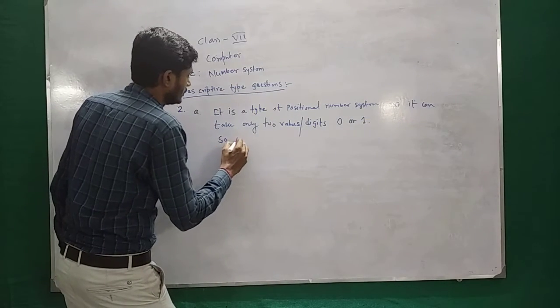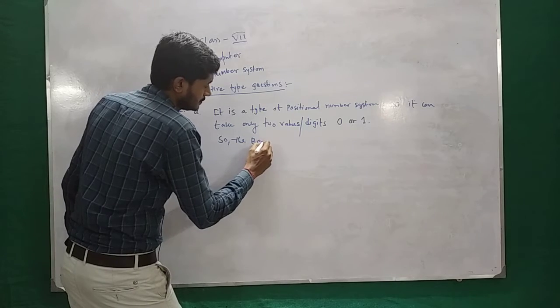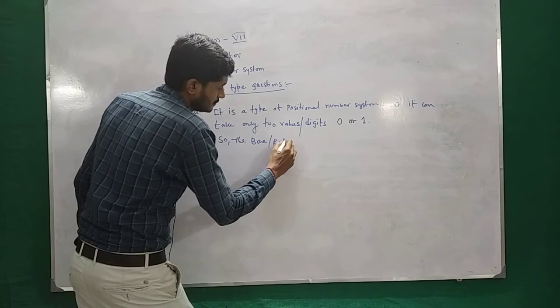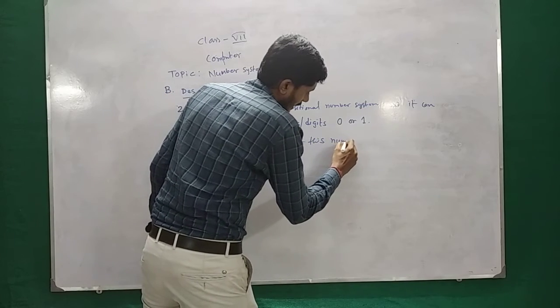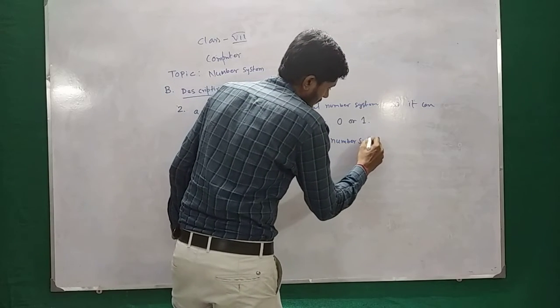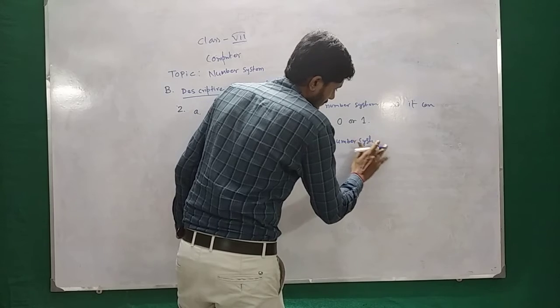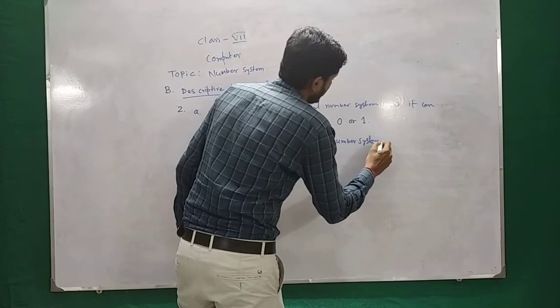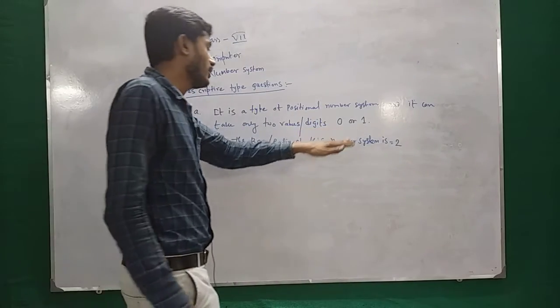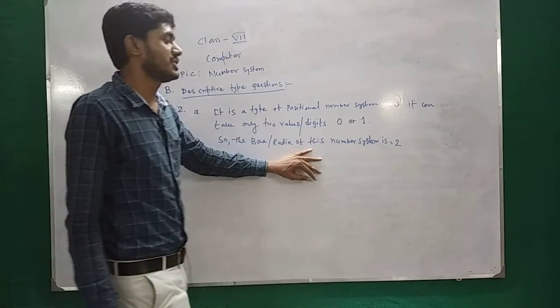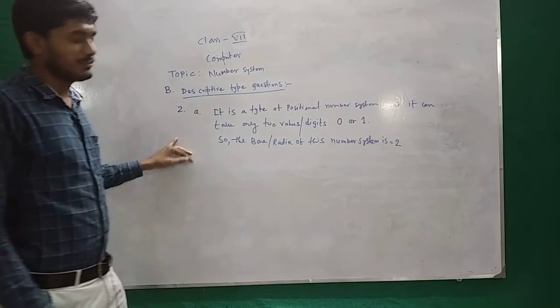So the base or radix of this number system is 2, because it can take two digits. That's why the base or radix of this number system is 2. This is the actual significance of binary number system.